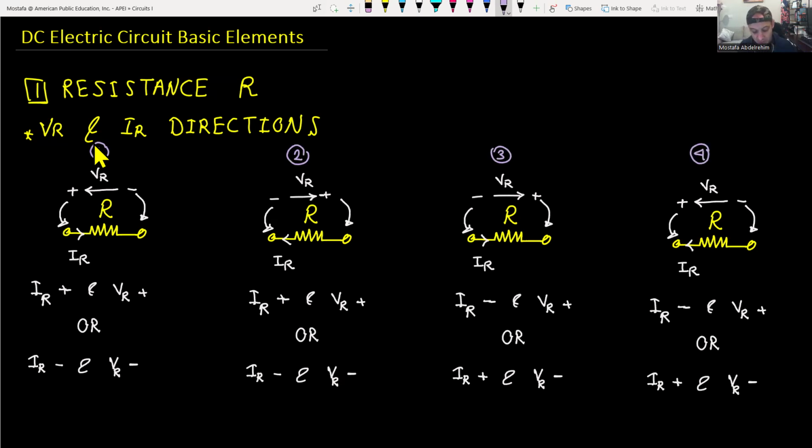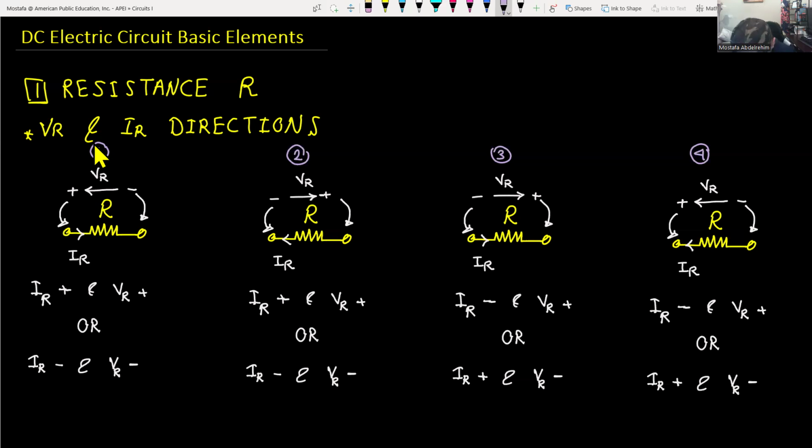In combination 1, I assume the directions opposite to each other, and also in combination 2. What differs is that in combination 1, the current is going from left to right and the voltage is the opposite, from right to left. In combination 2, they are also opposite, but the current is flowing from right to left and the voltage is from left to right.